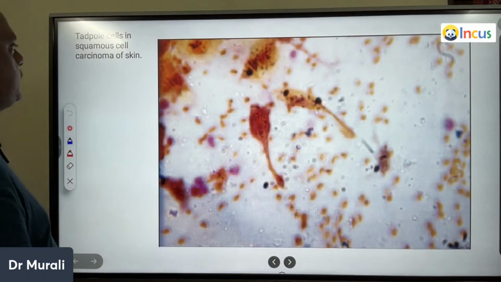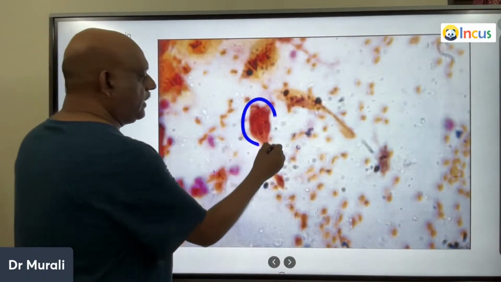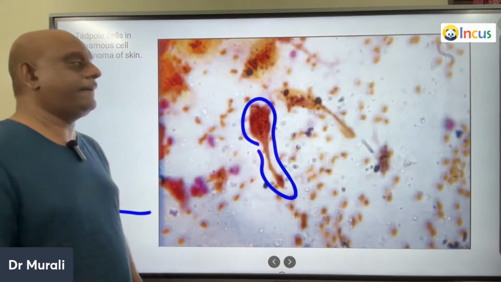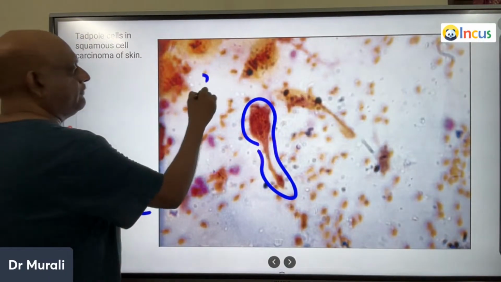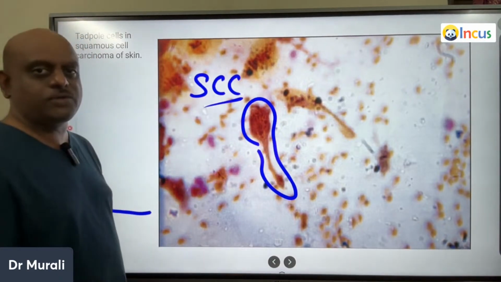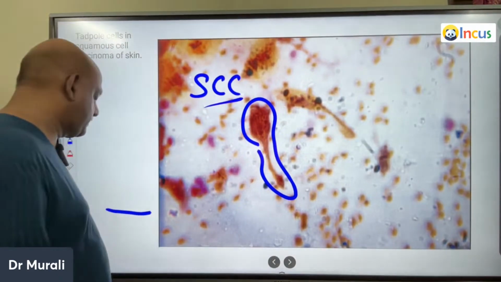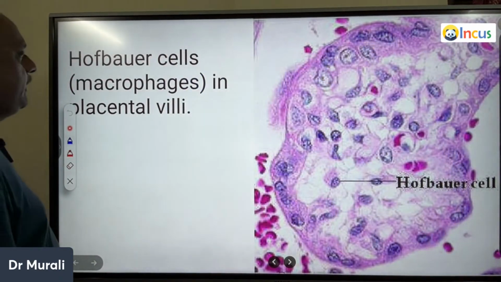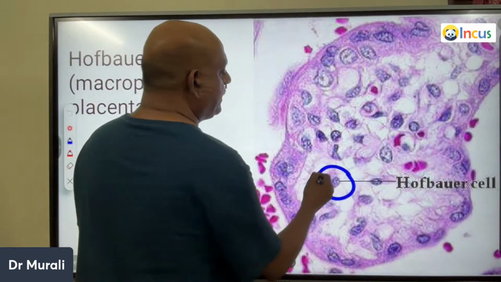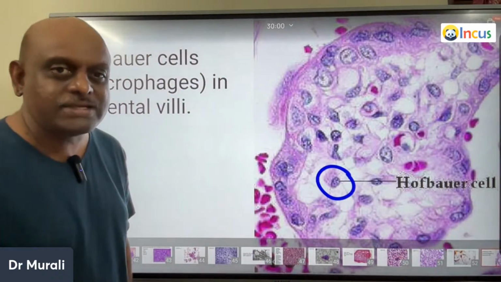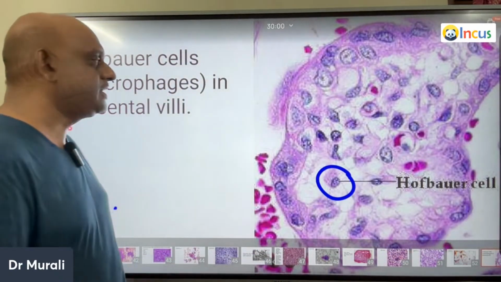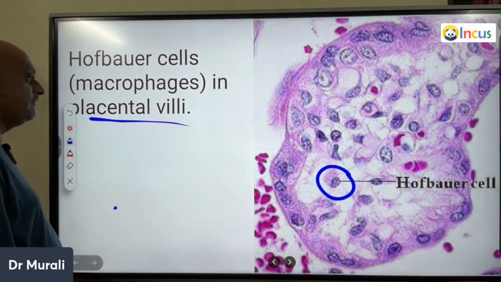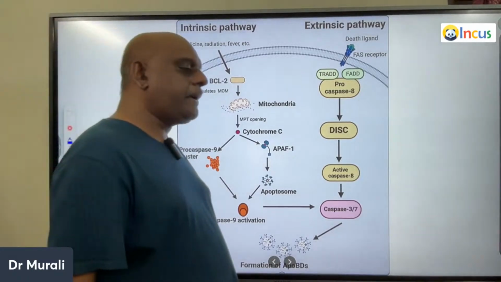And these are looking like a frog and tadpole, so they're called tadpole cells. In the case of squamous cell carcinoma, tadpole cells are seen. Then these are called Hofbauer cells, the macrophages seen in the placental villi.